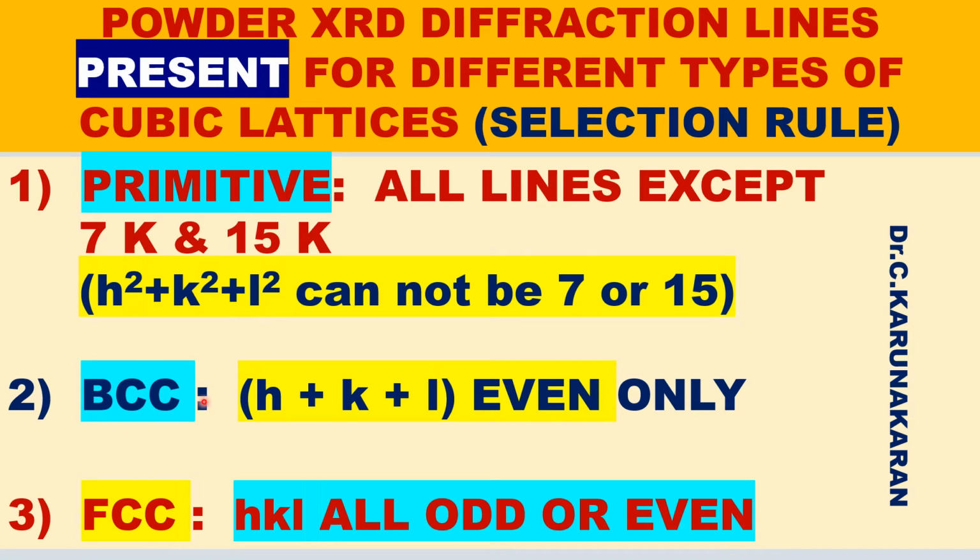For BCC lattice, the selection rule for allowed reflections that obey Bragg's law to give constructive interference: h plus k plus l, Miller indices hkl, even only. For FCC lattice, the selection rule for allowed reflections is hkl all odd or all even. We will see one example to understand that.